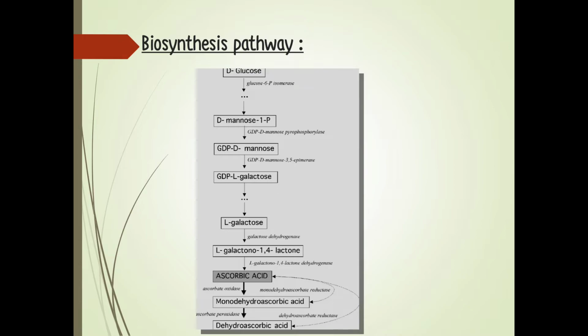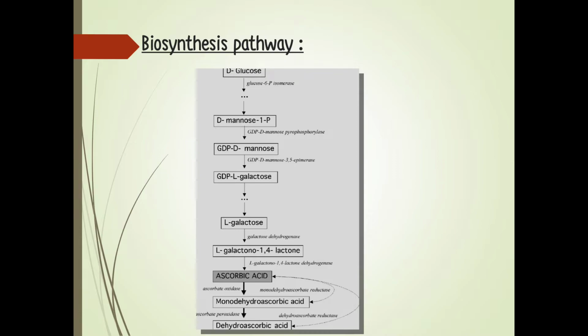Now this is the biosynthesis pathway. As we know, most of the erythorbic acid is produced from the yeast, I'm sorry, from Penicillium species. Some plants also produce it. So this is the pathway. It starts with glucose, then in the presence of enzymes it is converted to mannose, then guanosine diphosphate mannose, then L-galactose, L-galactono-1,4-lactone, then ascorbic acid.